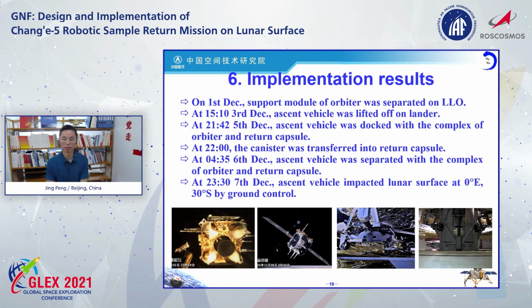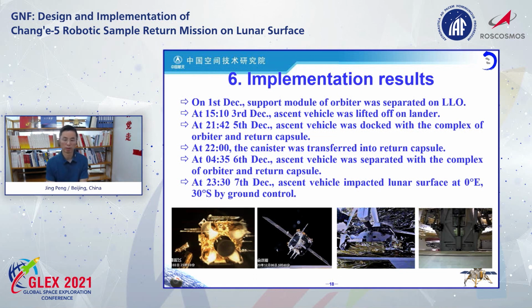On December 1st, the support module of the orbiter was separated on lunar low orbit. Then at 20:10, December 3rd, the ascent vehicle lifted off from the lander. At 21:42, 5th December, the ascent vehicle docked with the complex of orbiter and the return capsule. At about 22 o'clock, the canister was transferred into the return capsule.